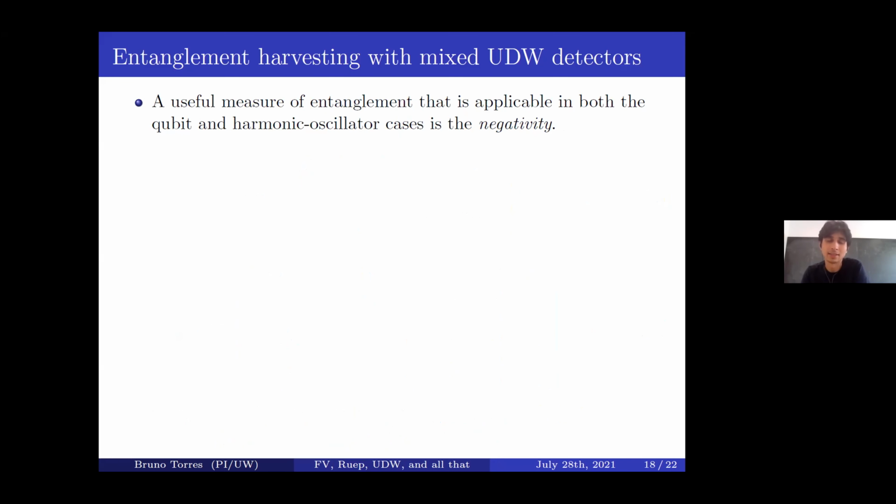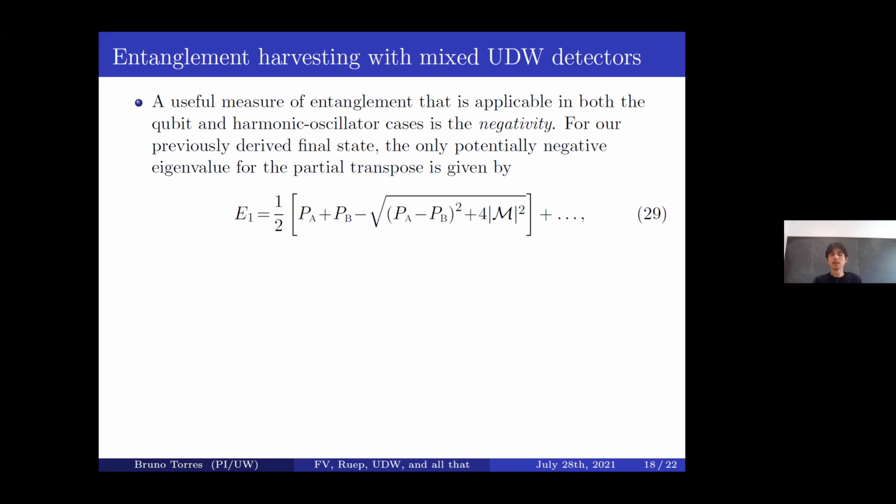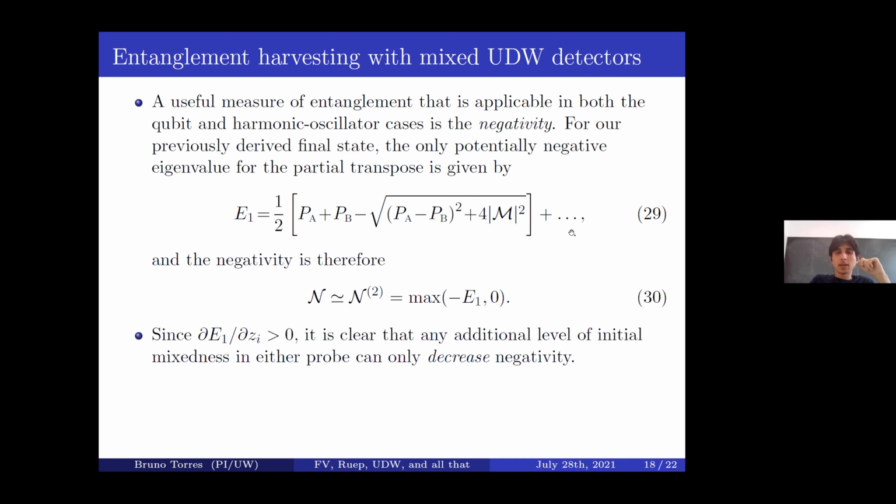Now, as usual, in entanglement harvesting, a useful measure of entanglement that's used is the negativity, and it is defined for arbitrary dimensional Hilbert spaces. So I can just write down straightforwardly what the expression will be for both the harmonic oscillator and the two-level system in this case. And it turns out that the only potentially negative eigenvalue for the partial transpose, which gives negativity, can be written as this, right? It's this one.